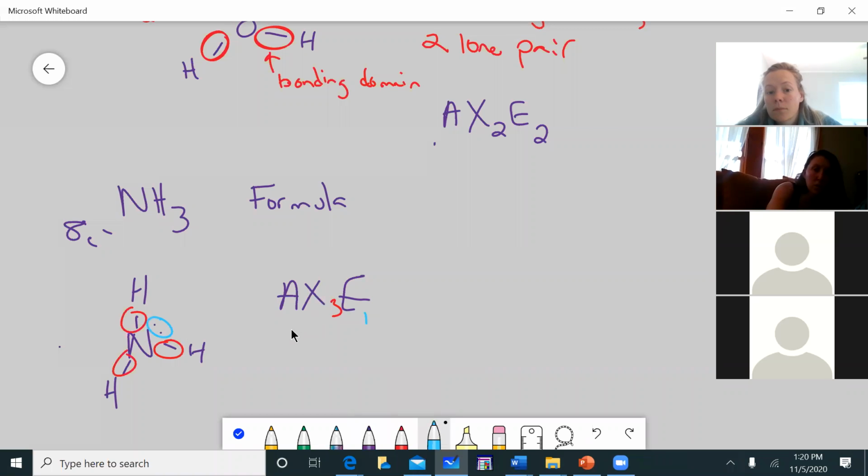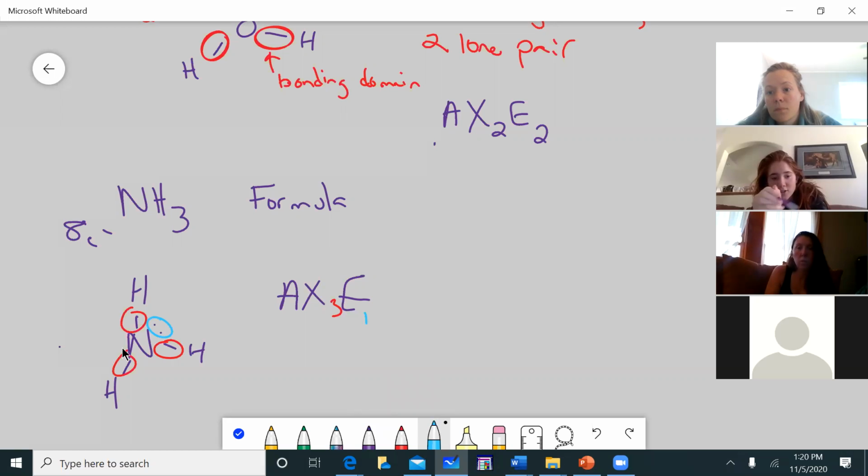Could we have laid it out so there was an H on each side, on 3 different sides, and then 2 dots on one side, or is that wrong? So you're saying, I'm going to put the N in the center. You put the H where, on top? And then side, then bottom, and then 2 dots on the other side. Like this? This and this are the exact same thing.